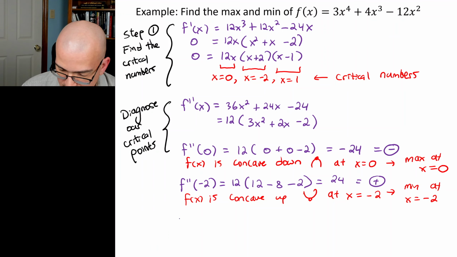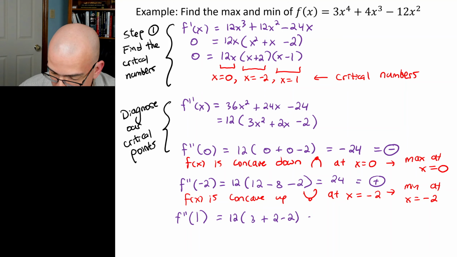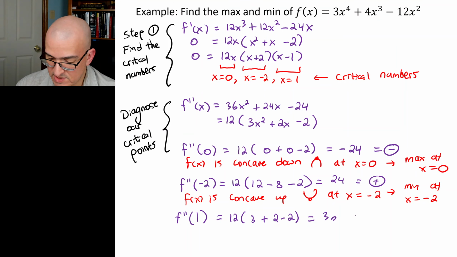And then the last critical number, I can plug in positive 1. So we have 12 times 3 plus 2 minus 2. That's 12 times 3, which is 36, which is positive.